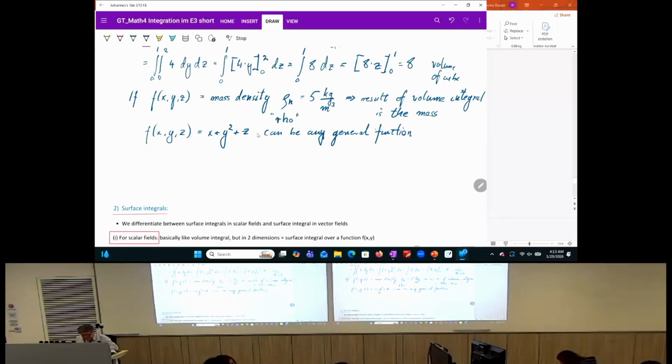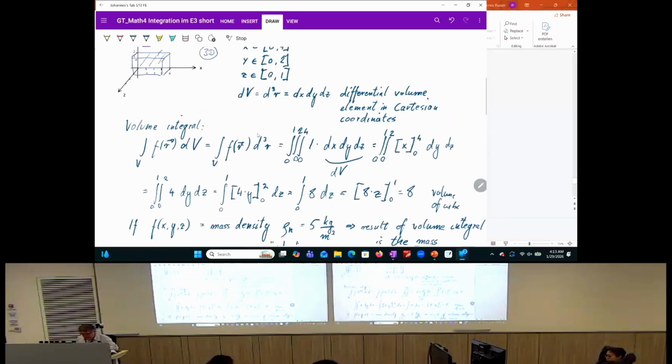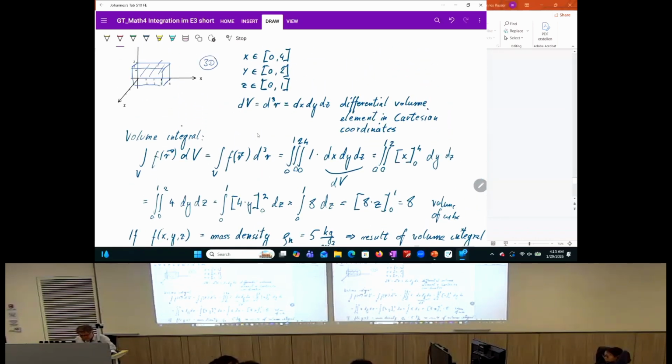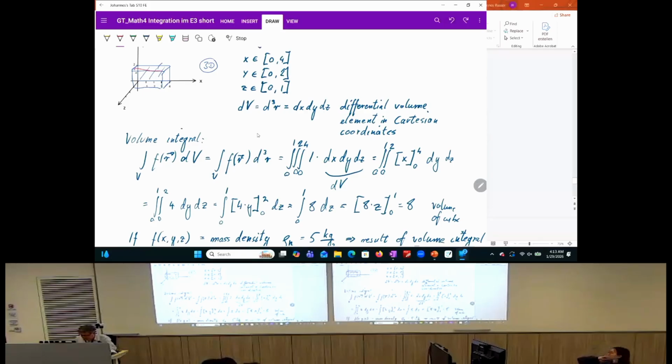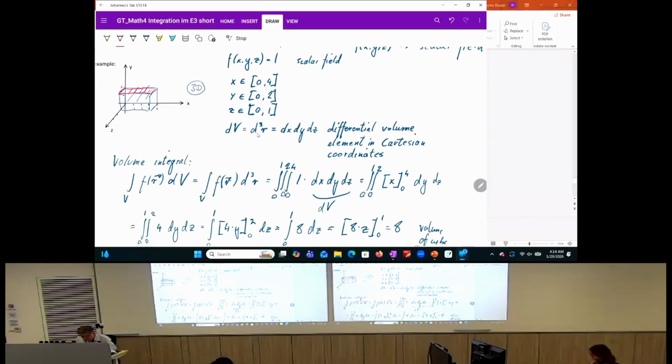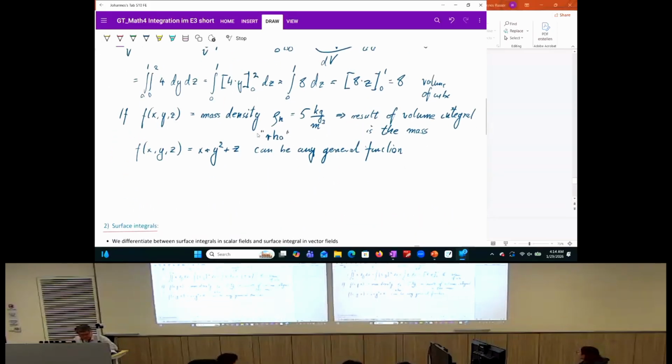Now you can also perform the integration, instead of over the volume, over the surface of the cuboid. Let's look at this surface here. That would be the top surface.